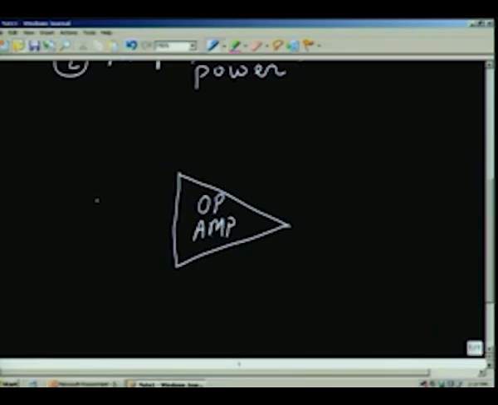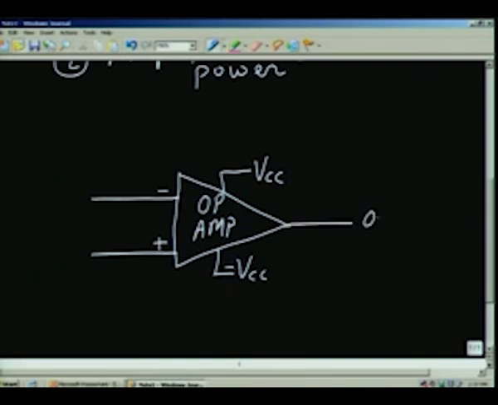And I have two inputs, one which is called the inverting input and the other one is the non-inverting input. And there will be a positive power input and the negative power input there, and there is an output terminal. This is the output.